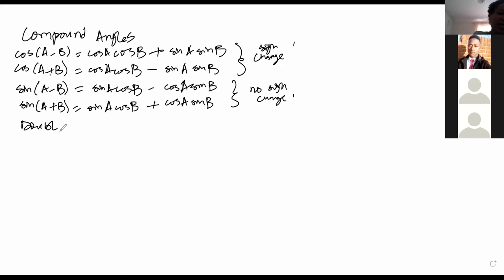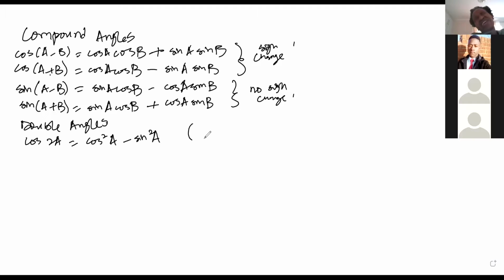Then we've got double angles. We've got cos 2A, which is cos squared A minus sin squared A. And then remember the trigonometric identities, that sin squared A plus cos squared A equals 1.